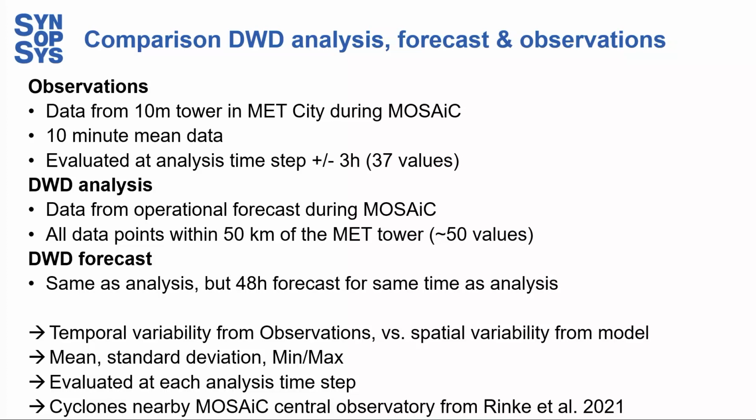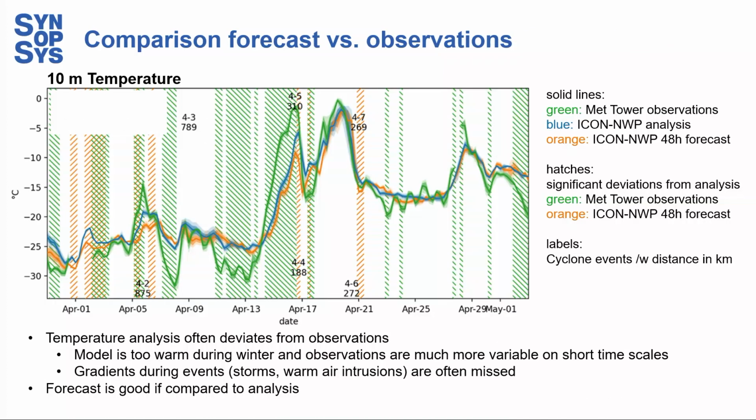So, and yeah, this is how one of these analyses looks, and due to time I'm concentrating here on temperature, which might be insightful but also easy in some way. It's temperature versus time during April. We see these two peaks in the middle. That's the warm air intrusion that was already a topic during other talks, and in this plot we have in green the observations from the Met Tower, in blue the analysis, and in orange the 48-hour forecast.